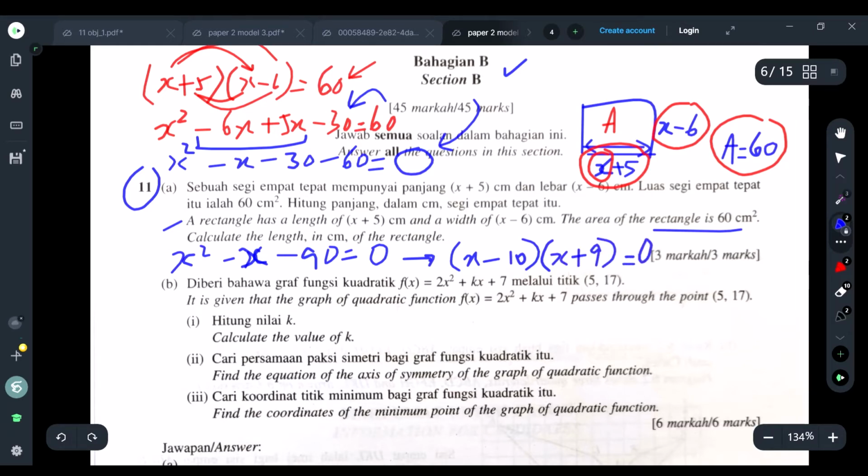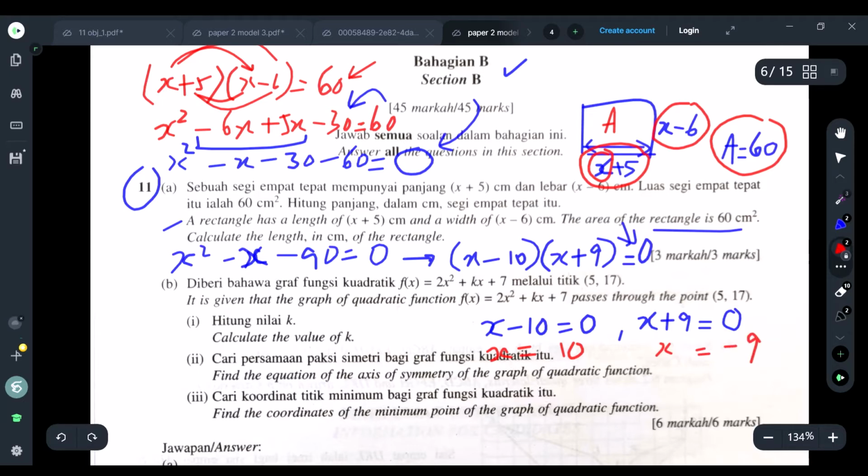When it is already equal to 0, now you can get your x. So x minus 10 equal 0, or x plus 9 equal 0. Here x is 10, and here x is negative 9.